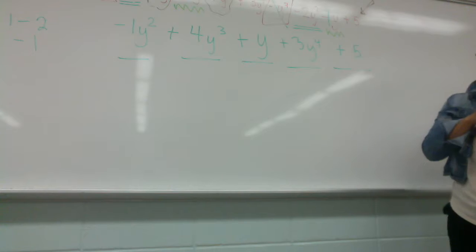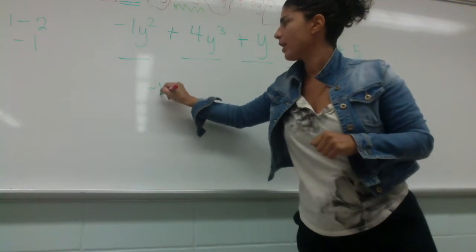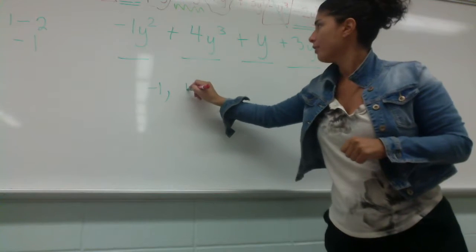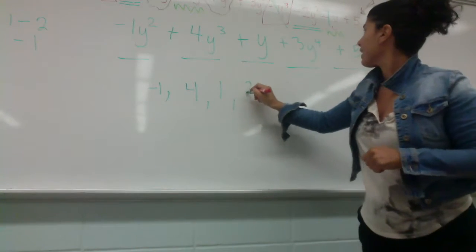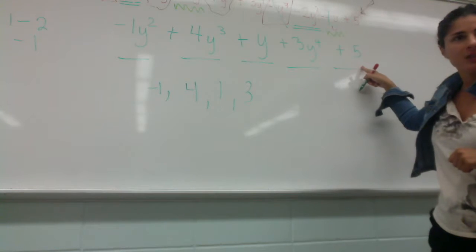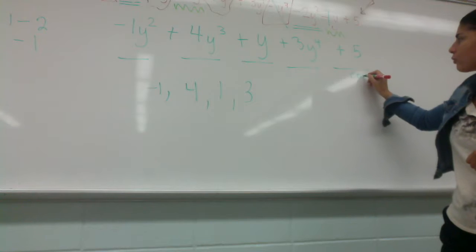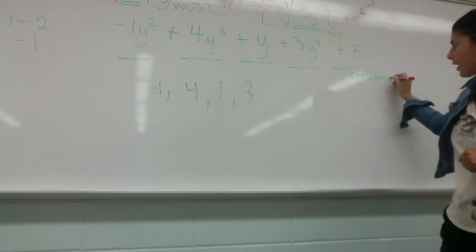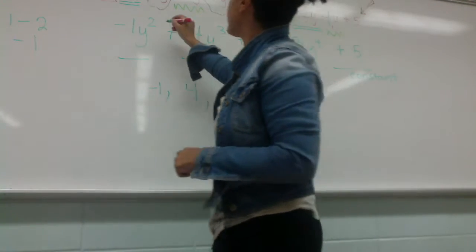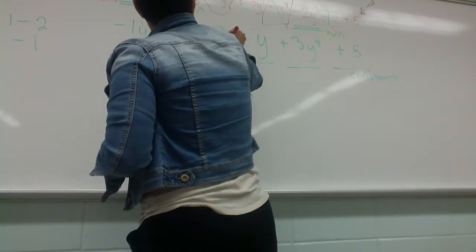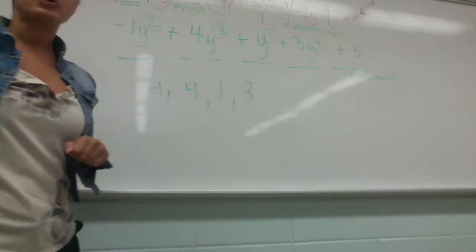Then I look and they say, what are the coefficients? Well, the coefficients are negative 1, 4, positive 1, 3, and not 5, because a 5 is not a coefficient, it's a constant. So if they asked you what was the constant, you would say the 5 is a constant. If they asked you for the exponents, you would say 2, 3, 1, 4 are my exponents.